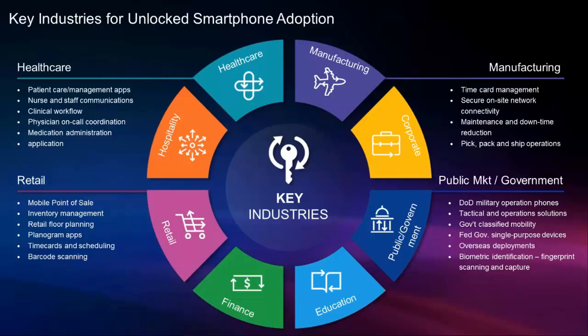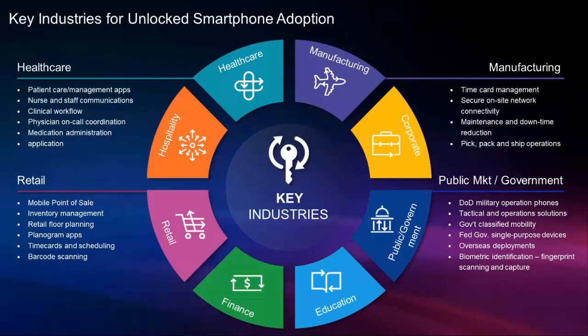So where unlocked phones can come in to be very cost-effective and helpful is if applications or ways of using those handheld phones can be applied in healthcare and retail and manufacturing, for example, in order to help them do their job, and those phones can be connected to a secure Wi-Fi connection, for example. Then those phones would not need a monthly recurring plan from one of the carriers and can save money and then would be able to be provided to those employees.